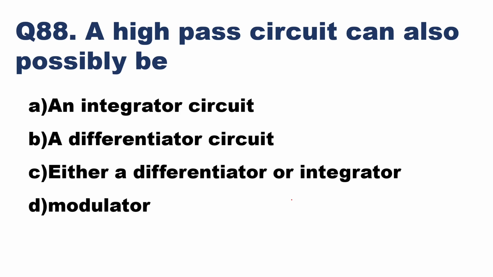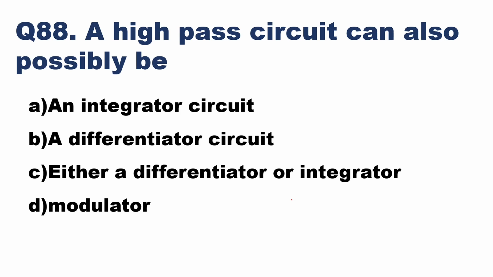Okay, now here when we studied passive filters or active filters, we know that a combination of C and L or C and R will give you the high pass or low pass, depending upon whether you connect a resistor or inductor in series and a capacitor in parallel, or a capacitor in series and inductor in parallel. Okay. Now here, when we studied the high pass filter, that high pass filter can also act as a differentiator circuit.